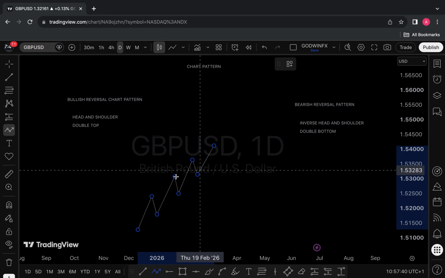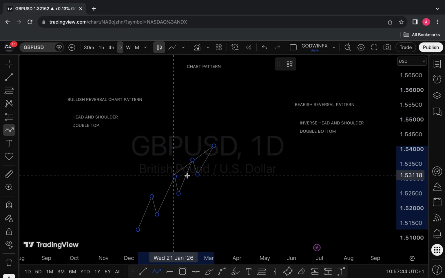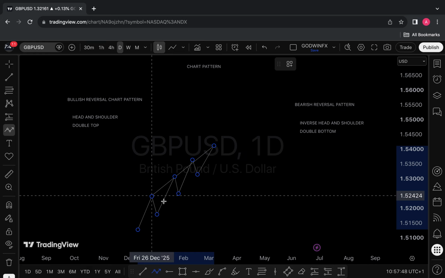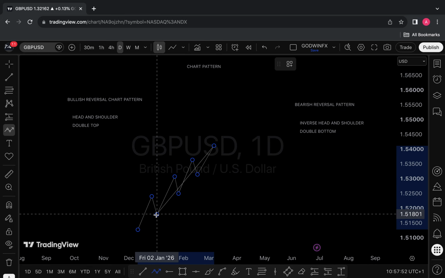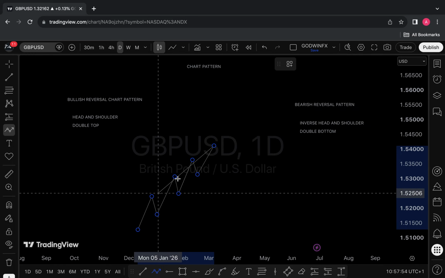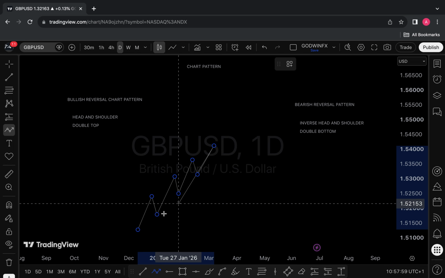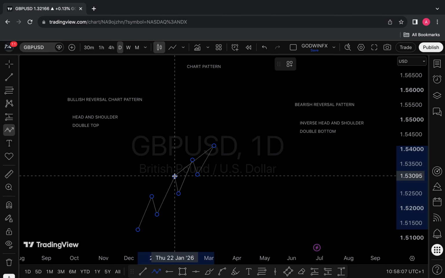You can see all these highs, price broke them, while all these higher lows are being protected. When a pullback starts from this point, price will never take out this low in an uptrend. The lows are protected while the highs are violated.